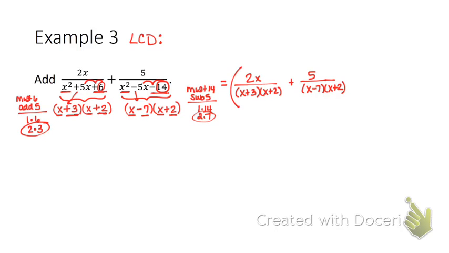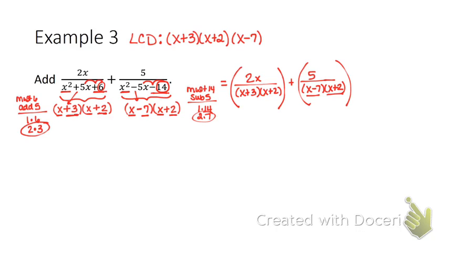All right, so to get rid of that first fraction, we're going to multiply by x plus 3, x plus 2. Second one, x minus 7. The second fraction, we need to multiply by that x minus 7 and the x plus 2. Do I already have an x minus 7 written down? No, so I need to write it.